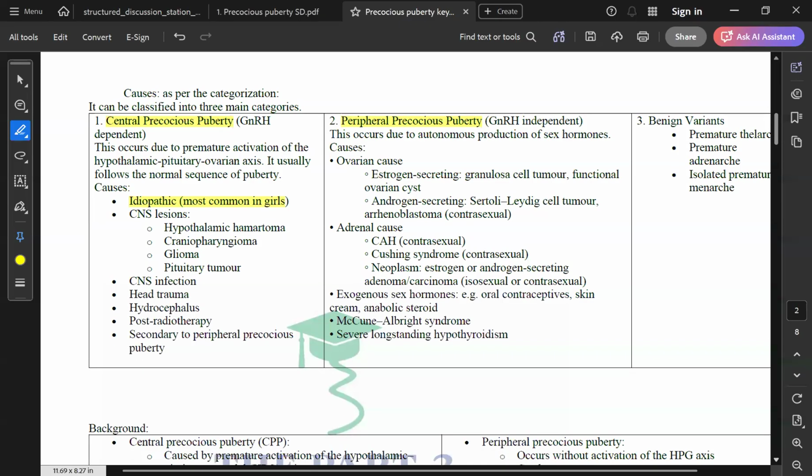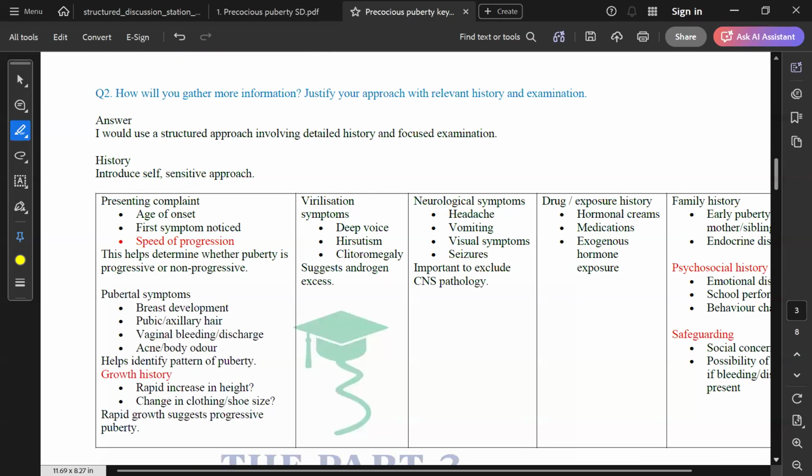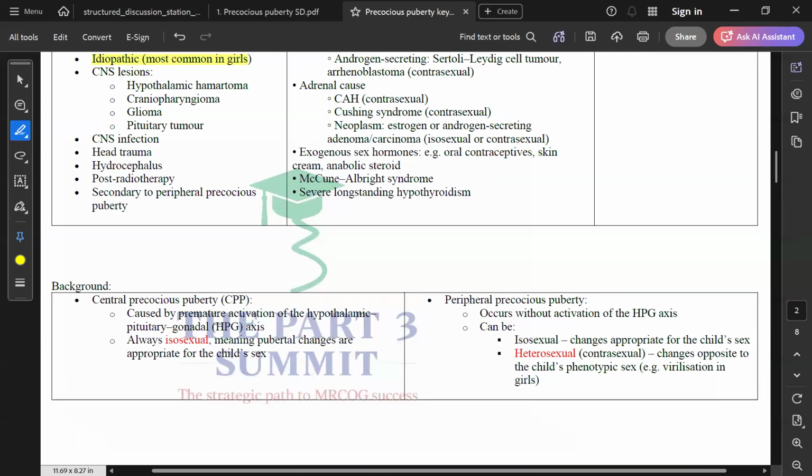And one more thing you need to mention here is how it presents, whether it presents in an isosexual manner or a heterosexual manner. This is one of the most important points, which is usually forgotten. Usually central precocious puberty presents in an isosexual manner, that is, the pubertal changes are appropriate for the child's sex.